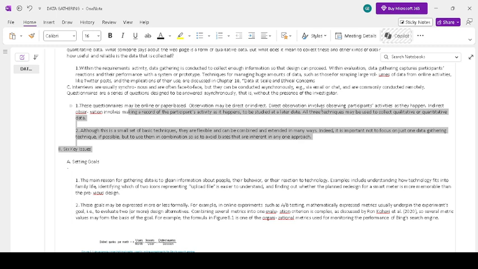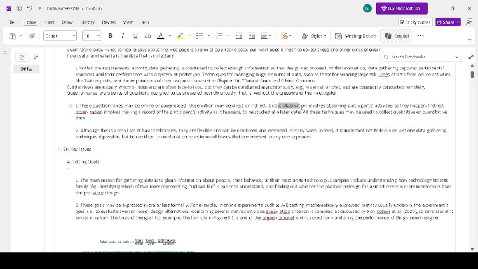To be able to learn the job quickly, most often you need to have this direct observation of how they actually do the job. So that's another way to think about direct observation. Indirect observation involves making a record of the participant's activity as it happens, to be studied at a later date.